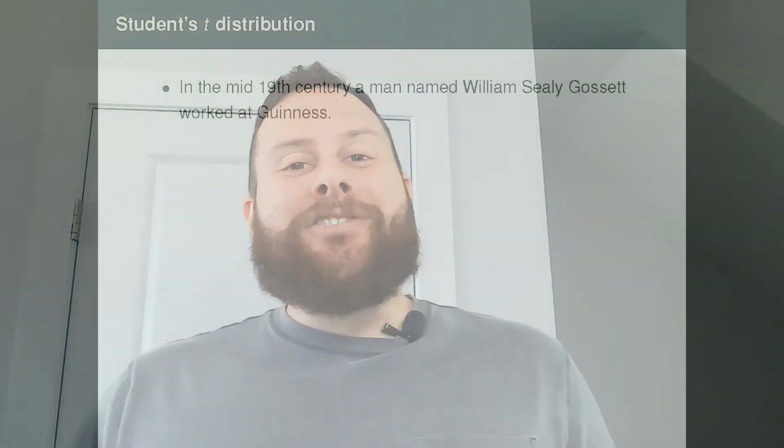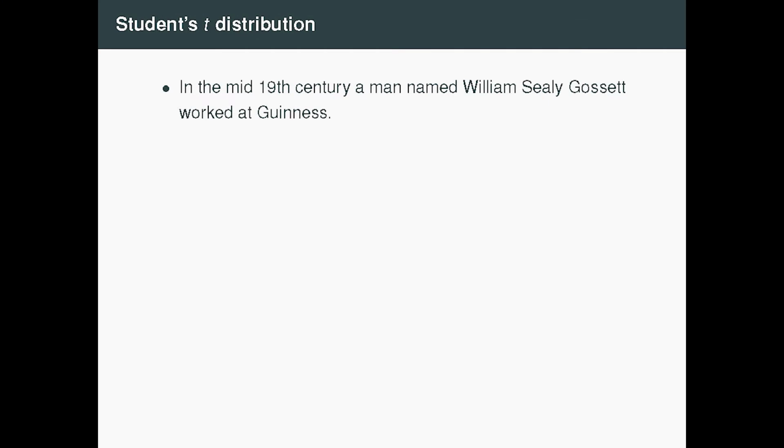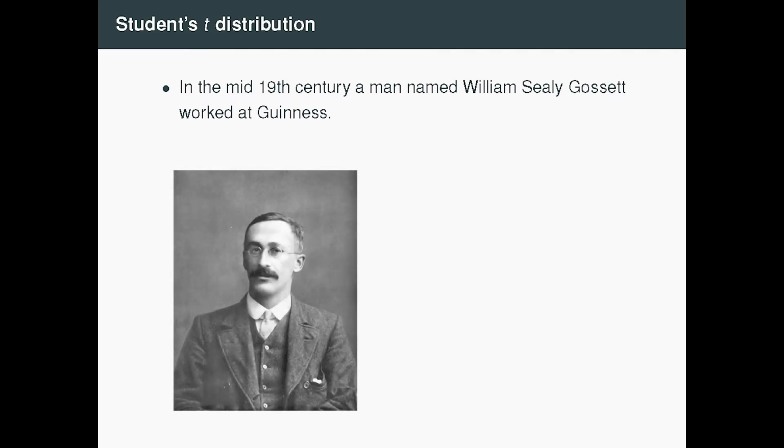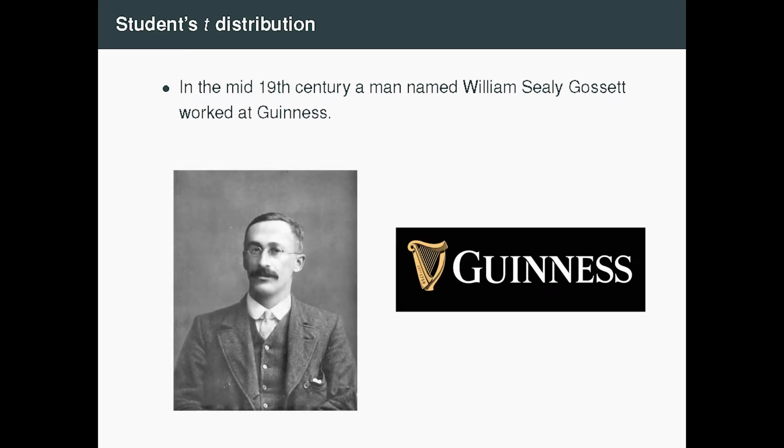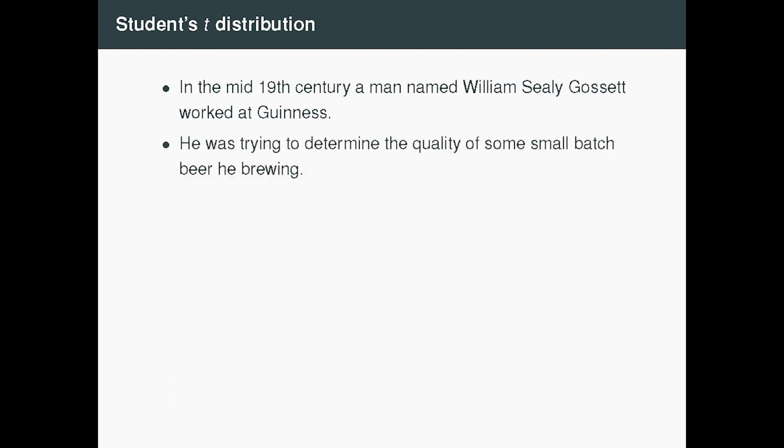So before we talk about the details of the t-distribution, let's go back in time and look at the history of the t-distribution. The t-distribution is also called student's t-distribution, and it was discovered in the mid-19th century by a man named William Seeley Gossett, who worked at Guinness. So he was trying to determine the quality of some small batches of beer that he was brewing.